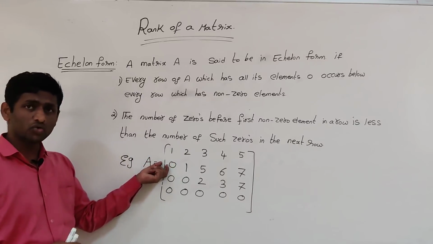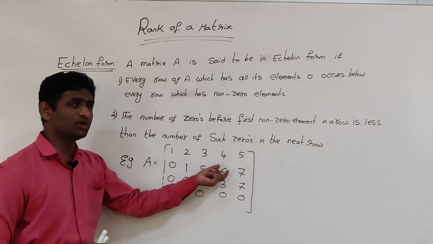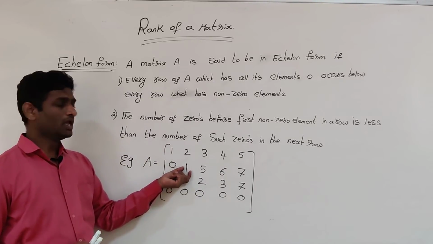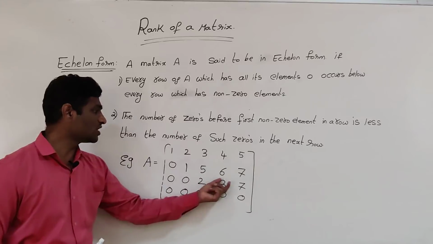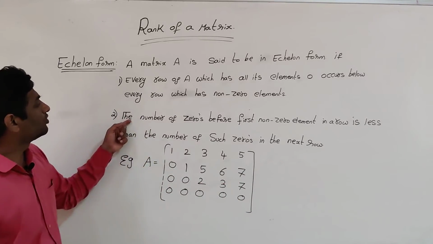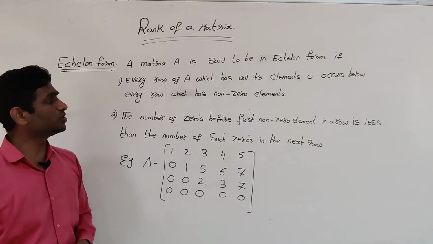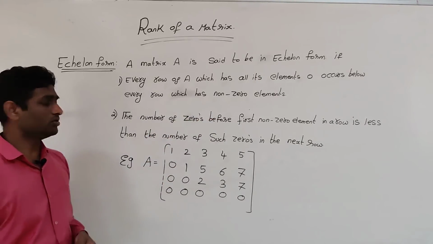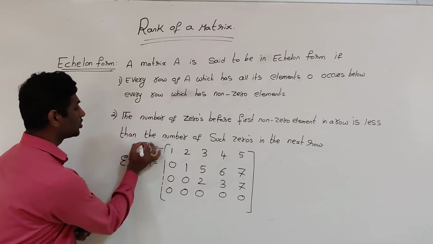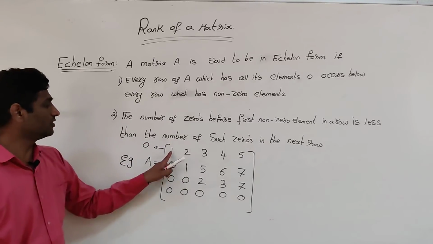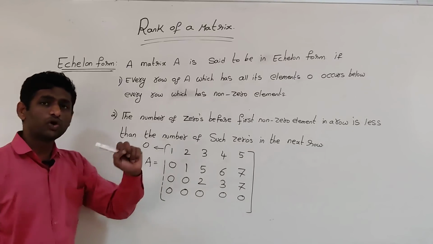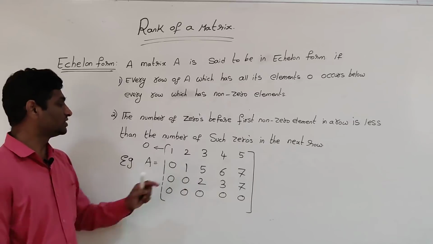In the second row, the first non-zero element is 1. In the third row, the first non-zero element is 2. So how many zeros are there before the first non-zero element in a row? Here there are no zeros. In the second row, there is 1 zero before the first non-zero element.